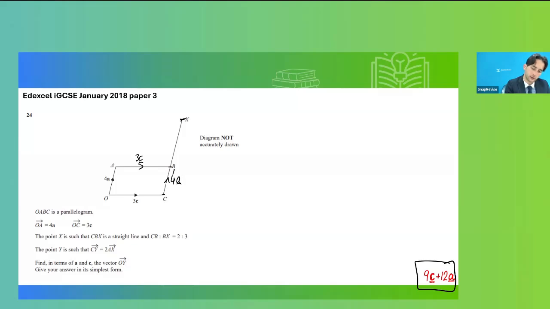So this is actually 2/5 of the whole thing, okay? Which means I can actually work out the vector B to X. Now, if this is 2/5, if I divide it by 2, it's 2A, and times it by 3, this bit would be 6A. We all agree with that? Is everyone happy with that?